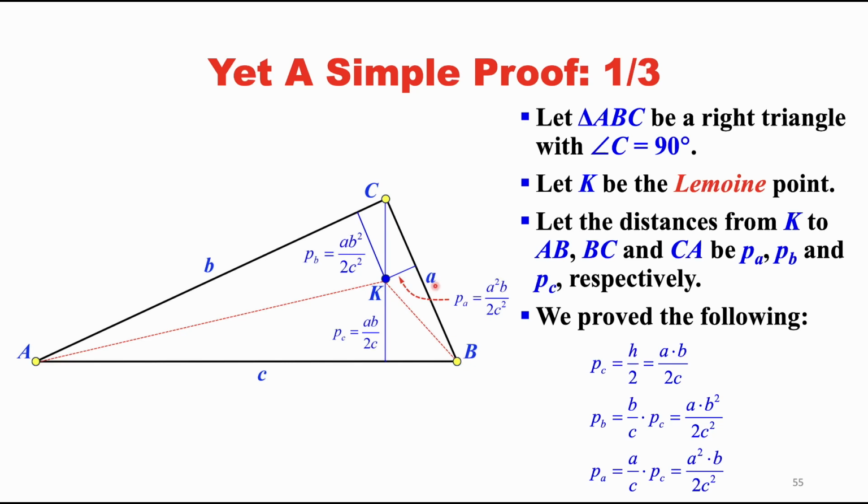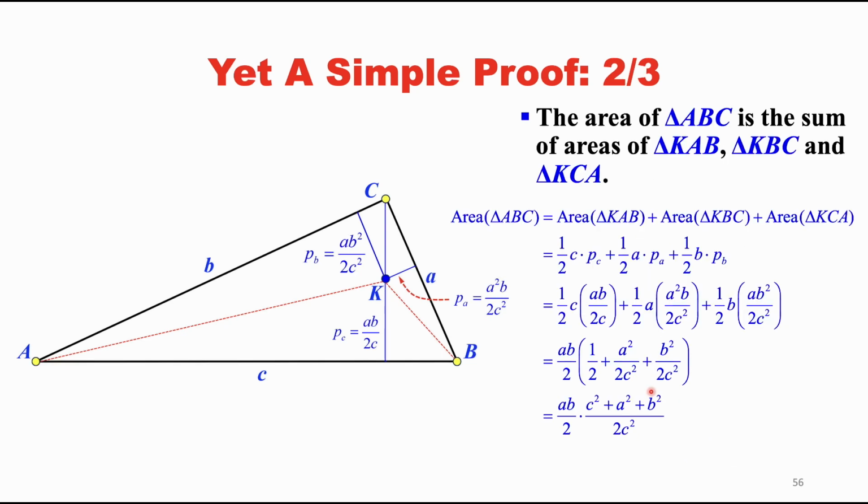The area of this right triangle is the sum of these three smaller triangles. Because we know PA, PB, PC, the area of ABC is the sum of KAB plus KBC plus KCA, done this way. Plug PC, PA, and PB in. After some calculation, we have this.